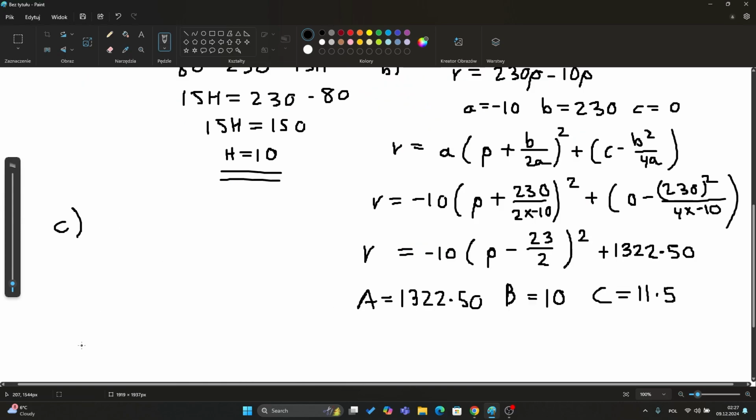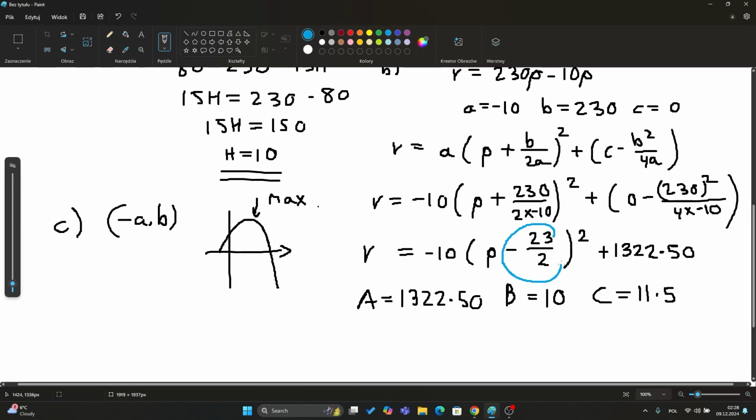Here, using our graph, that is negative, so we probably have a graph somewhere like this. This is not accurate, but here we have our maximum, and the maximum occurs when we have negative A and B coordinate for our values in completed square. So instead of having negative 23/2, we have 23/2.